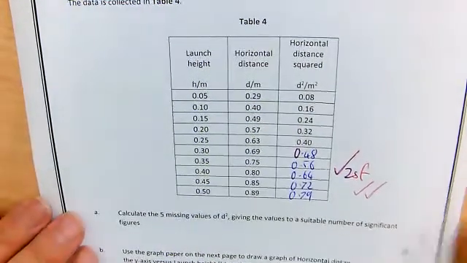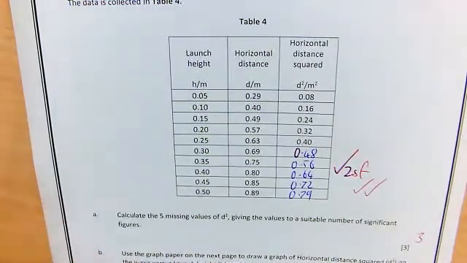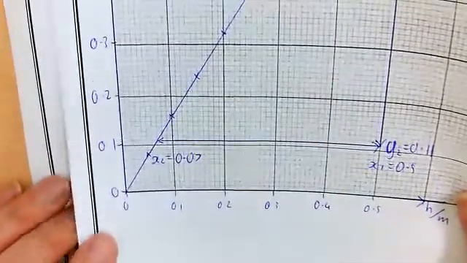The next one is using graph paper. Now, I'm not going to sit and draw the graph for you because that's just quite a lengthy task, and I've demonstrated that already to you in the previous lesson. But we're going to look at what the graph should look like and what sort of thing I would be looking for as your examiner. So if you draw your graph, here's one I made earlier, okay?